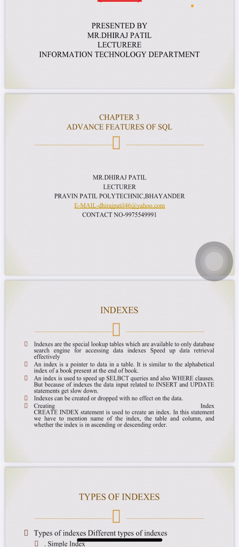It is similar to the alphabetical index at the end of a book. An index is used to speed up select queries and the where clause. But because of the index, data input related to insert and update statements gets slowed down. An index can be created or dropped with no effect on the data.